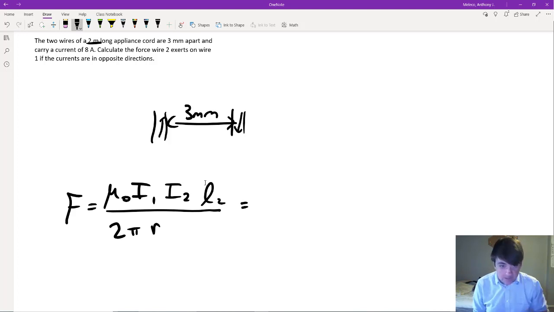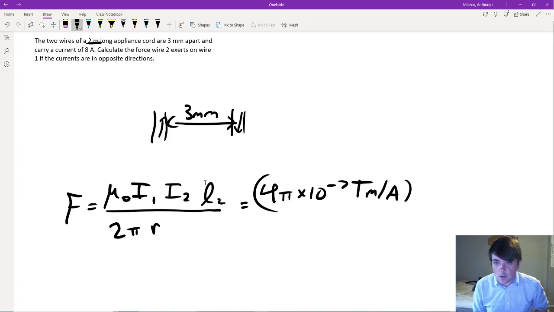And so when we plug all that in, again, it's 4 pi times 10 to the minus 7 Tesla meter per amp. This is just 8 amps, 8 amps, that's their current in each one, right?